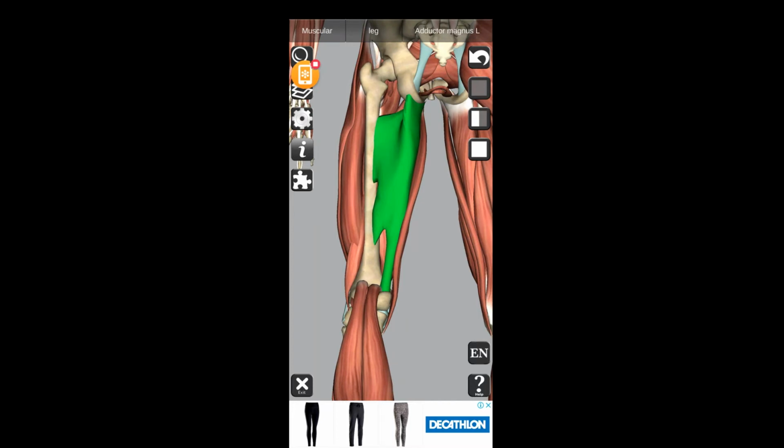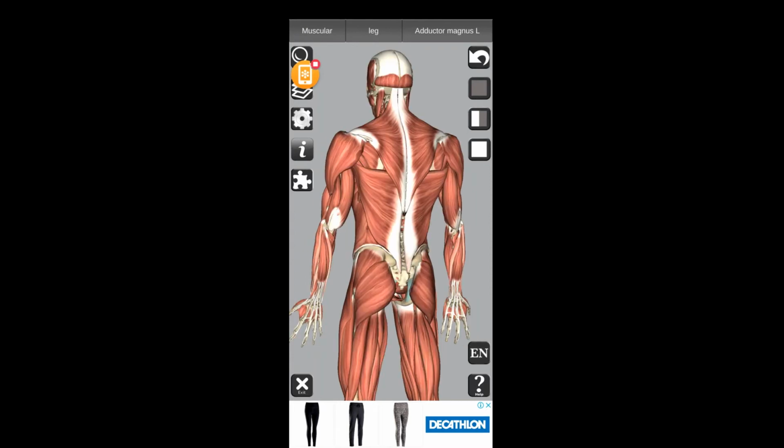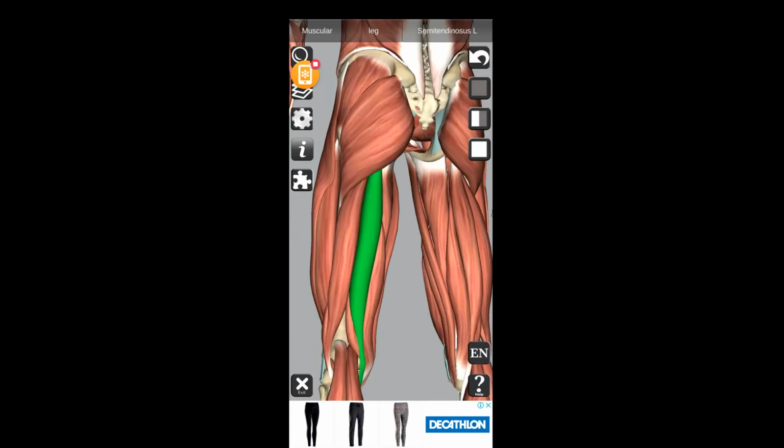Okay. Hamstring part, semitendinosus. This is your semitendinosus. Done. Removing it. Below that you have semimembranosus. Okay, I'm removing it.